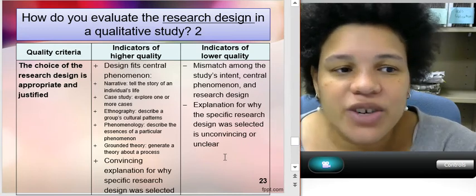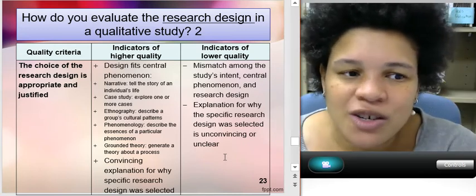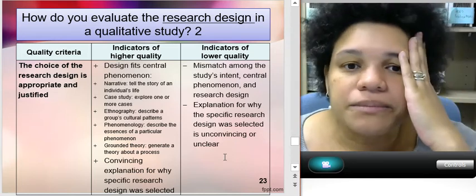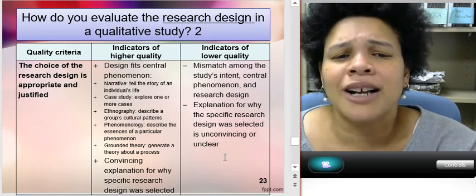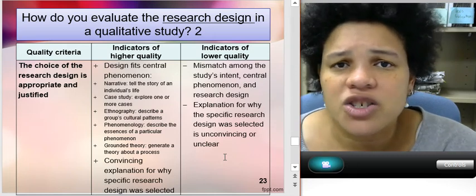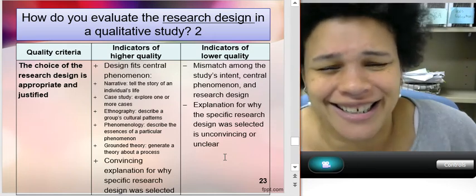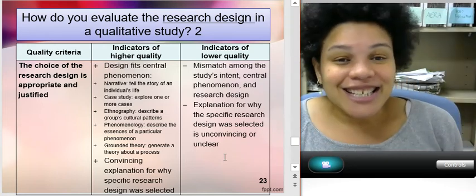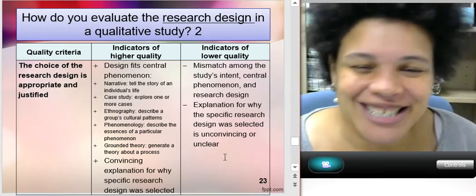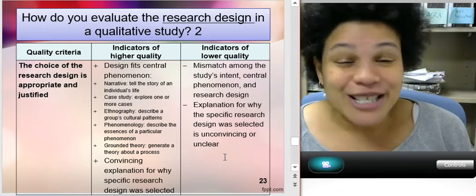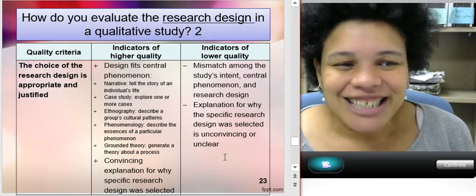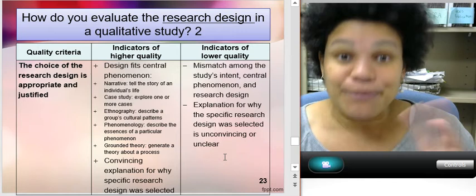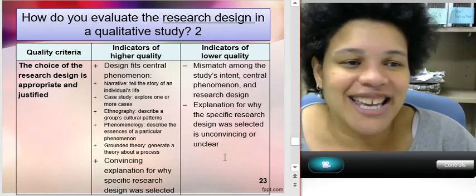Now, is my choice of research design appropriate and justified? I'm not going to study decision making in charter schools and only talk to one person. Because one person, even if it is the assistant principal or assistant director, or the principal or the director, is not going to give you every aspect of decision making in charter schools.